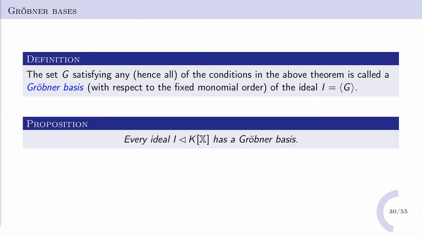One important fact is that every ideal has a Grobner basis. So if we take any ideal, if we take any set of generators, then we can always replace this set of generators by a Grobner basis. This is a very important fact which lets us do all the computations.